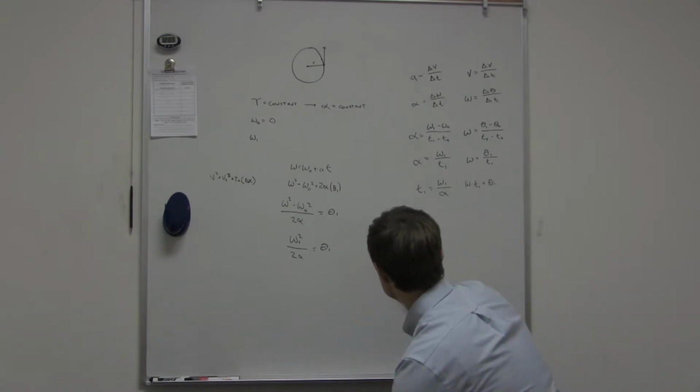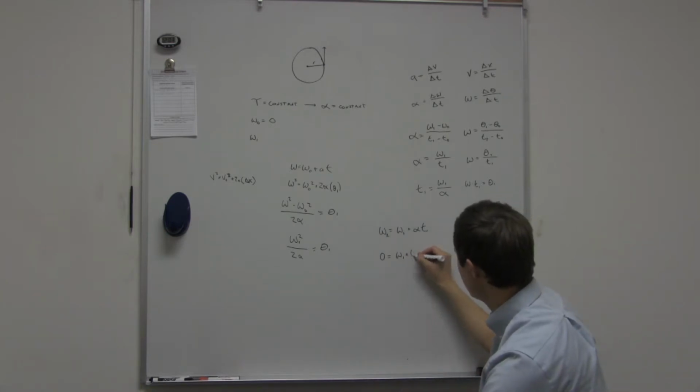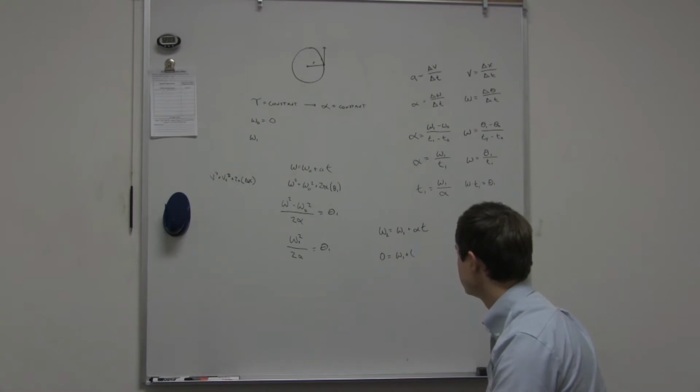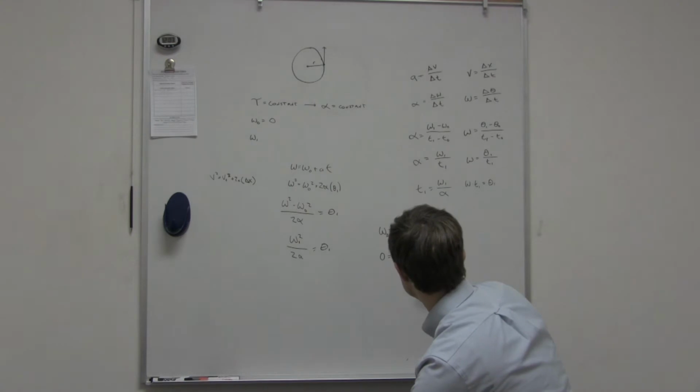So we want to say 0 equals omega 1 plus, and it says that now acceleration is negative 5 alpha. So let's go ahead and change this plus to a minus.